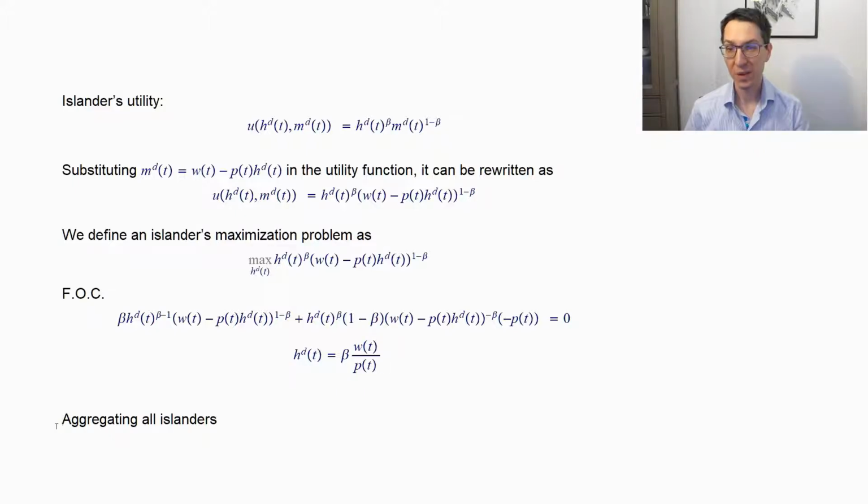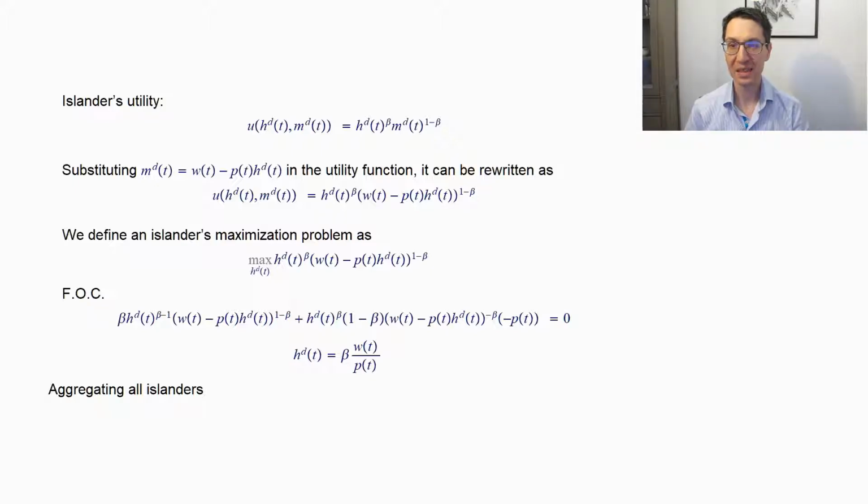This condition is for a single islander. Of course, they are all the same. So to recover our harvesting for the whole island, we should aggregate them to get back to the level of the whole island. To do that, we have to know what is the population of the island. I didn't define it explicitly, but it's possible to get one value by going through the labor market.